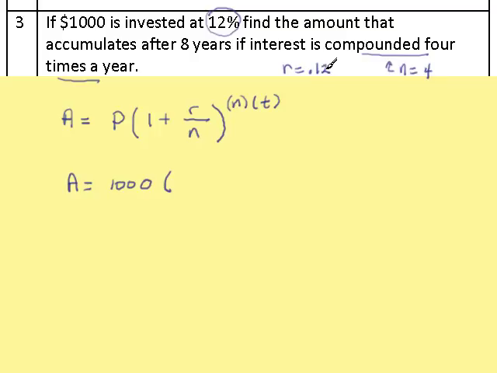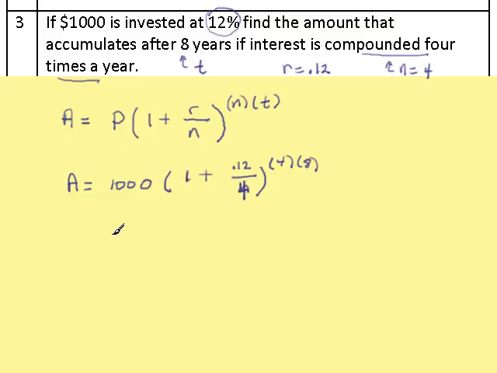Remember, we changed the 12% to decimal. So we have 1 plus 0.12, and we're dividing by 4. And the exponent is n, that's 4, times the number of years, 8 years, so t is 8. Oh, sorry, n is 4. Let me put a 4 over here.